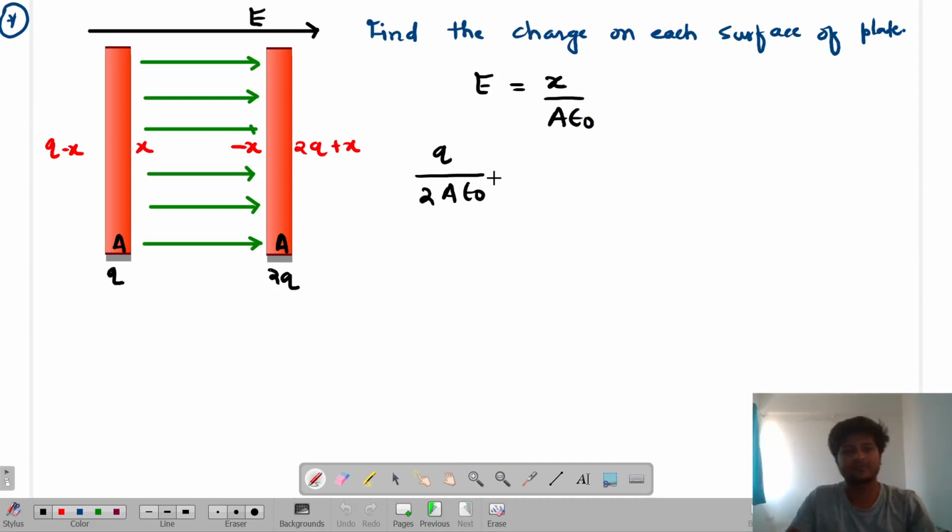Are you able to get me? Then look over here. Plus the external electric field E, isn't it? Okay. And then due to the 2Q, try to see. When I consider any point in the interior region, due to Q it is in this direction, but due to 2Q it is in the opposite direction, or not?